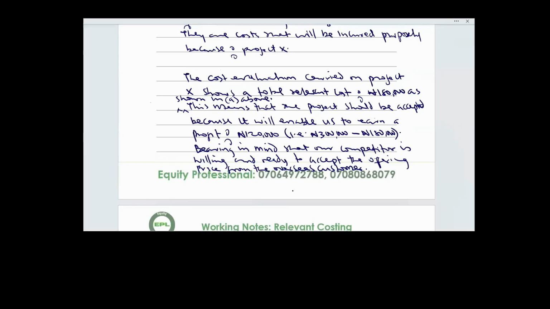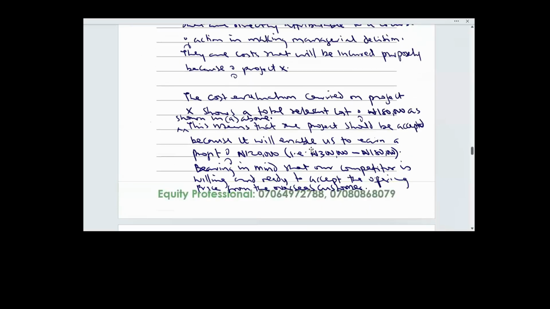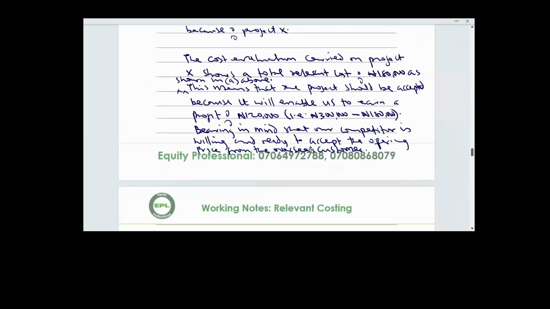Your competitor will be the one to benefit in the future. So I just have to comment on it to convince management to accept it, because you already know that the contract has economic and financial benefit to the company.